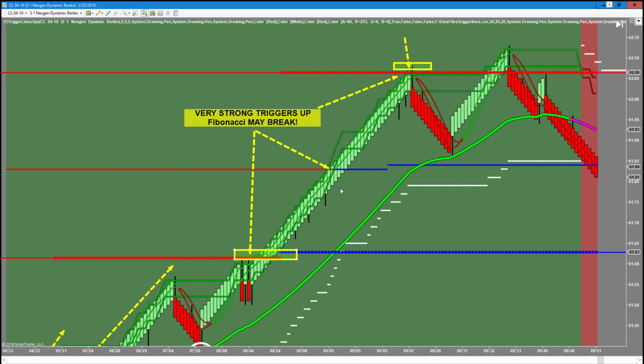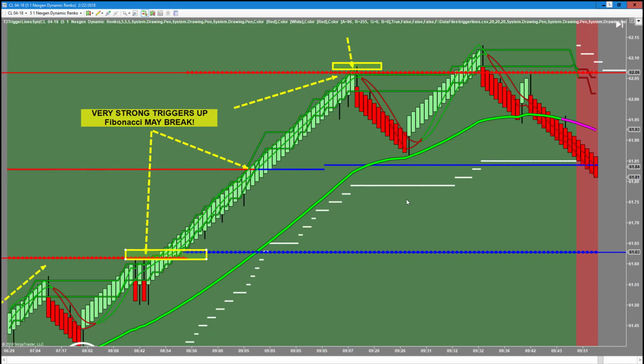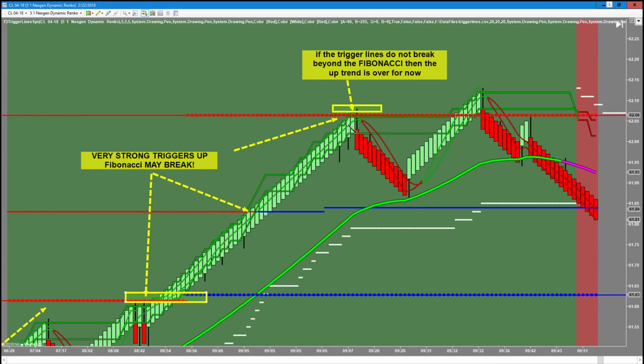Don't go against it. Now, per our last section, the first time that the small triggers weaken or get below the synthetic triggers, you can see what happens. We get one more final run to the upside.